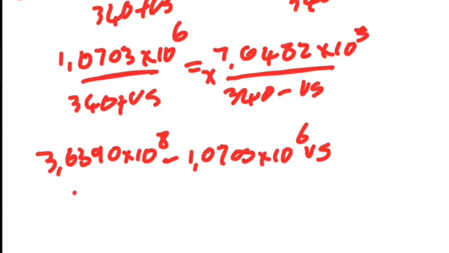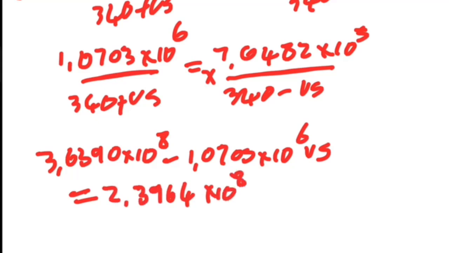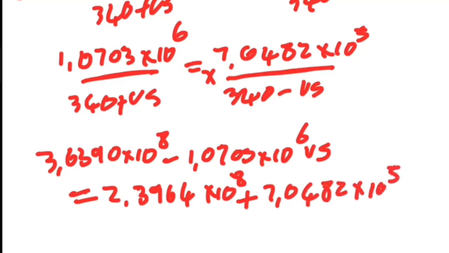That will all be equal to 340 multiplied by 7.0482 times 10 to the power 5. So this is 2.3964 times 10 to the power 8, and then plus 7.0482 times 10 to the power 5 Vs. Right, let me group the like terms together.